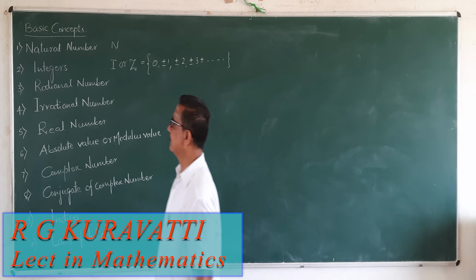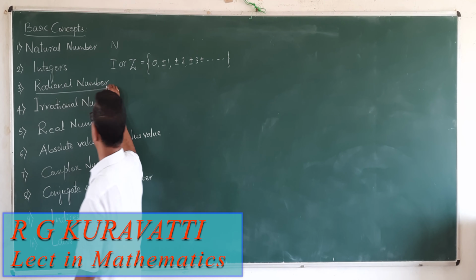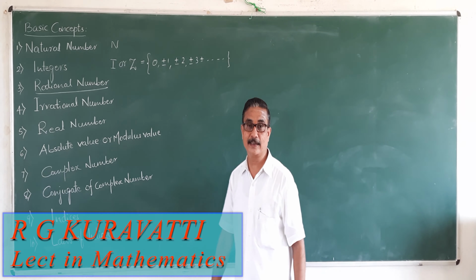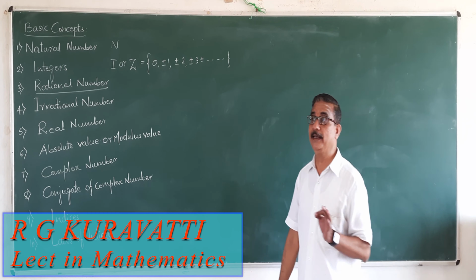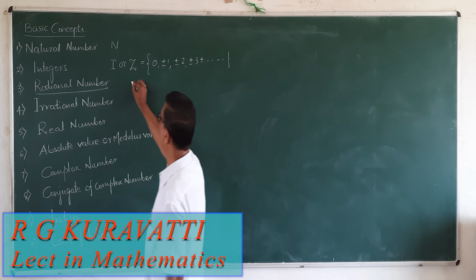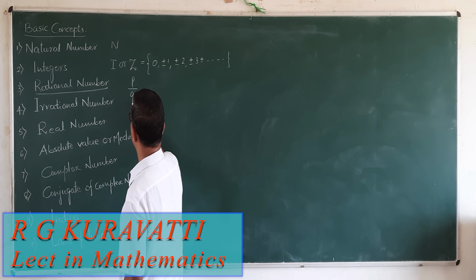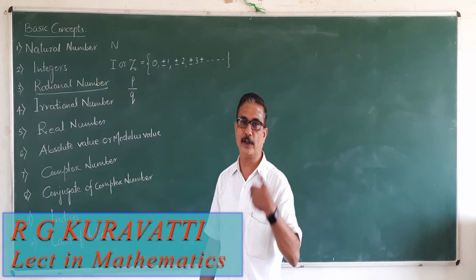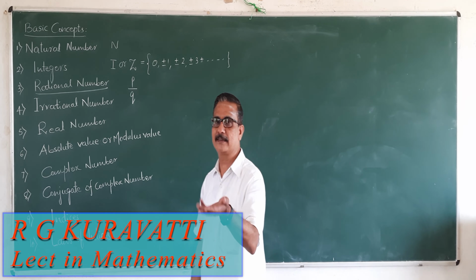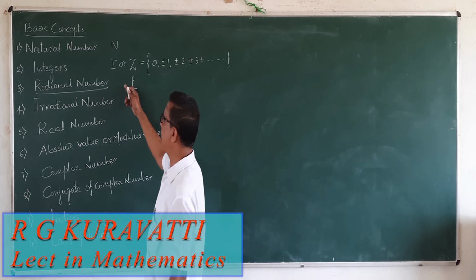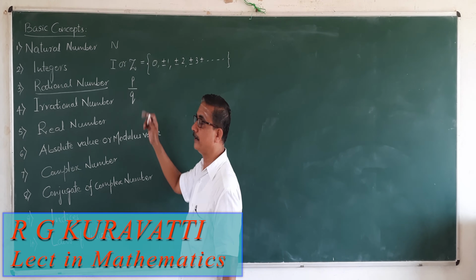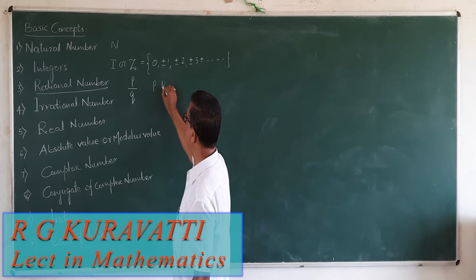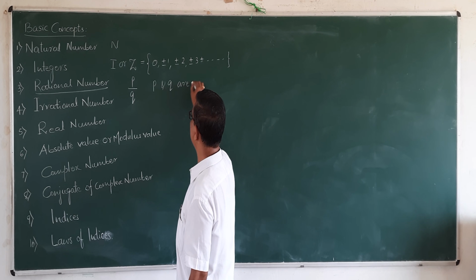Whereas define rational number. A number which can be expressed in the form P by Q, or A upon B, like that, where P and Q are what?